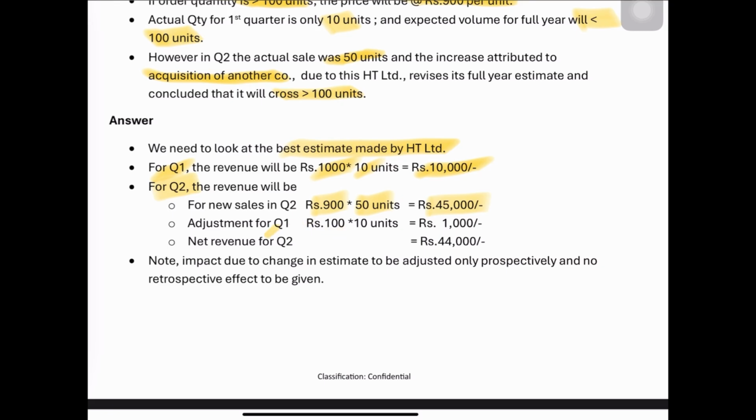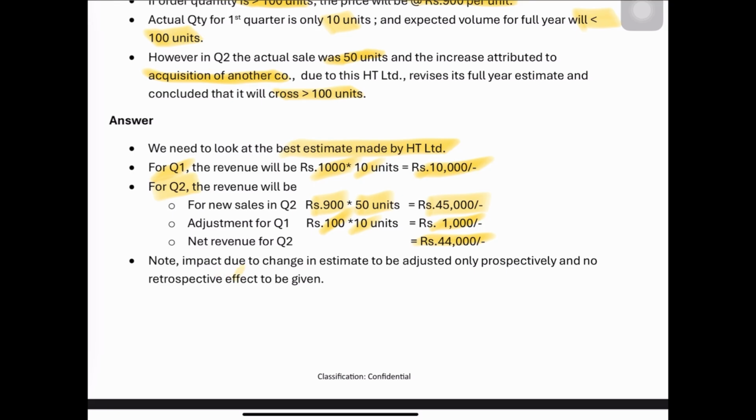They also need to adjust the additional revenue recognized in Q1. In Q1 the revenue was recognized at 1000, but it should have been recognized at 900. So the excess 100 for 10 units, which comes to 1000, should be reduced from Q2 revenue. So the net Q2 revenue will be only 44,000.